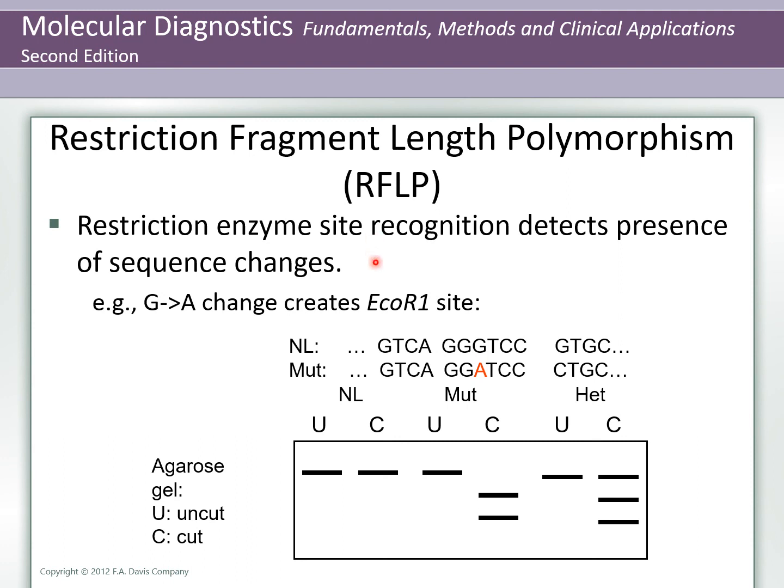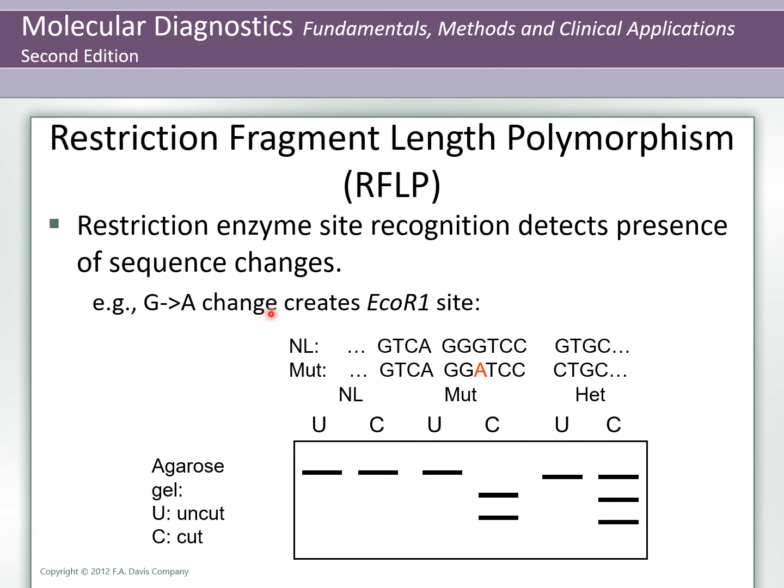In the figure, the normal sequence seen in the top line above the electrophoretic pattern is converted to an EcoRI restriction site by a G to A mutation. The presence of the mutation is detected by testing the PCR product with the respective enzyme.